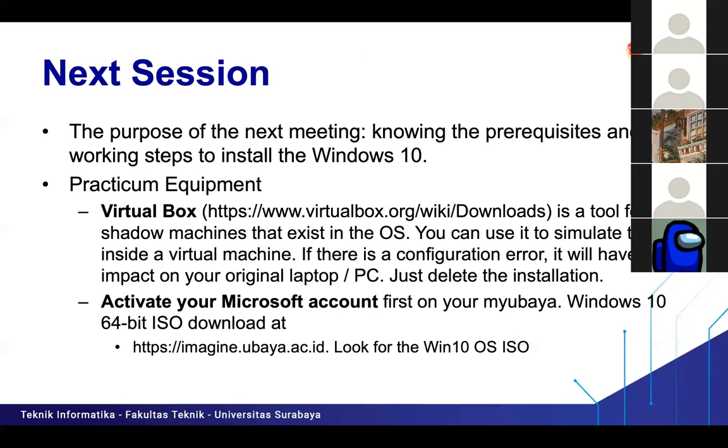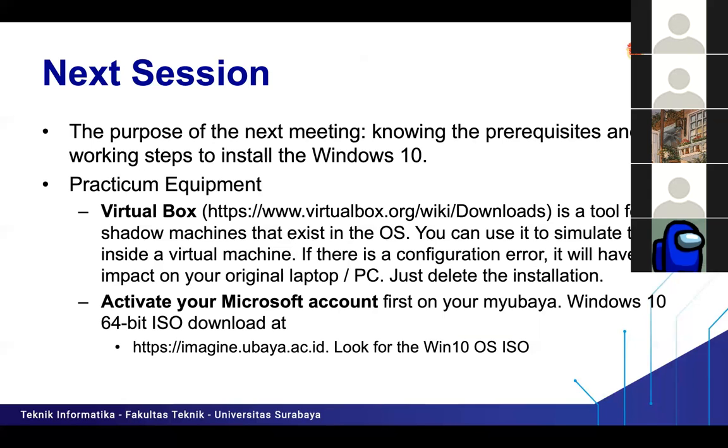How to do that? You need to download VirtualBox. I put the link in the slide, and you also need to download the Windows 10 64-bit ISO. You can download it from this link. It will require a lot of bandwidth, but this is the only way we can do it in this condition.